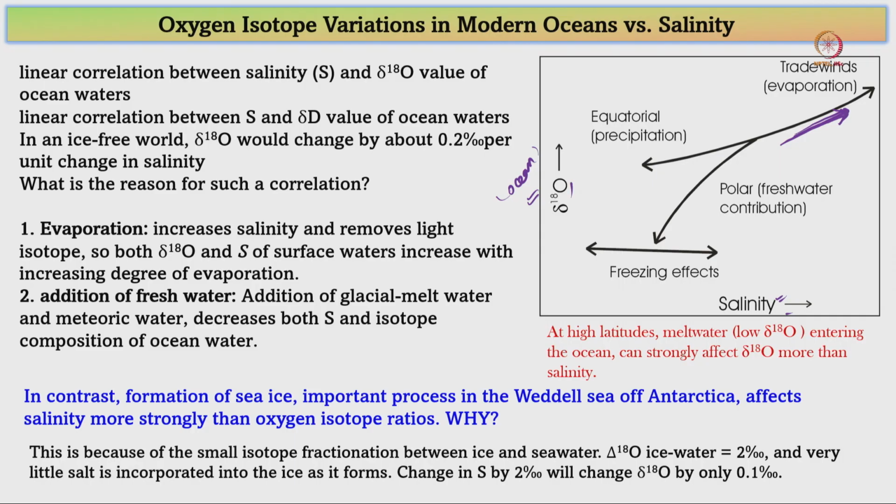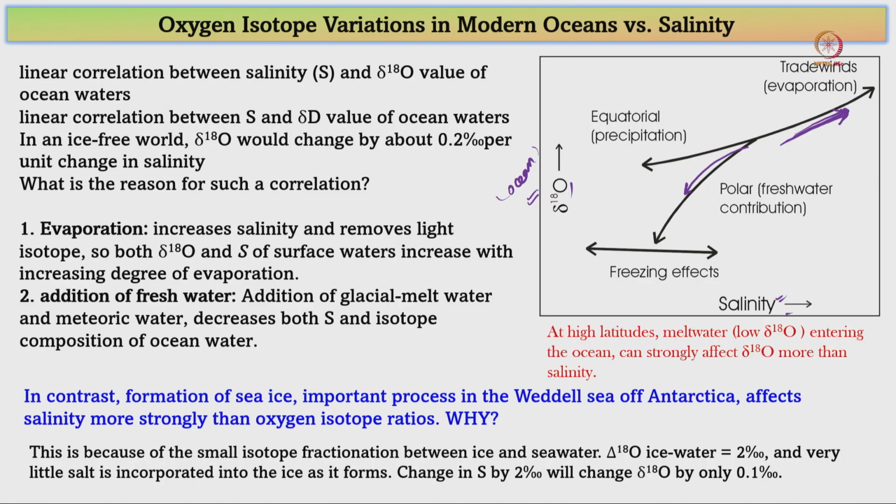So, the delta 18O value will now decrease because of the influence of the 16O, and it decreases very rapidly, as you can see from this steep slope. The salinity also decreases, but it has a much shallower effect on the salinity as compared to the delta 18O. Delta 18O rapidly decreases.